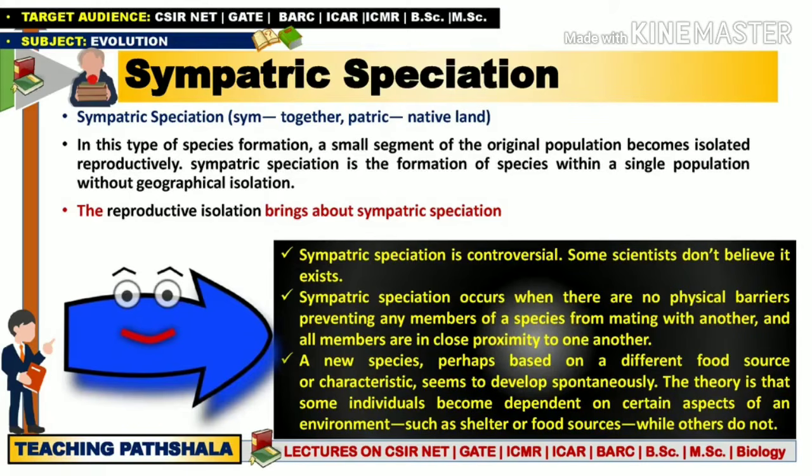Second line, sympatric speciation occurs when there is no physical barrier preventing any member of the species from mating with another, and all members are in close proximity to one another. So this is the condition of how sympatric speciation occurs and how sympatric species behave.